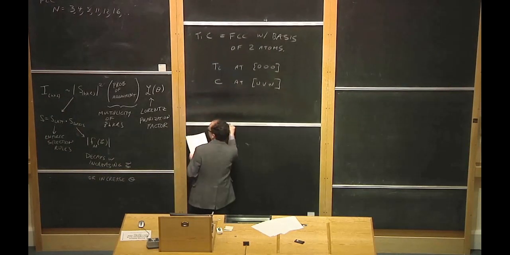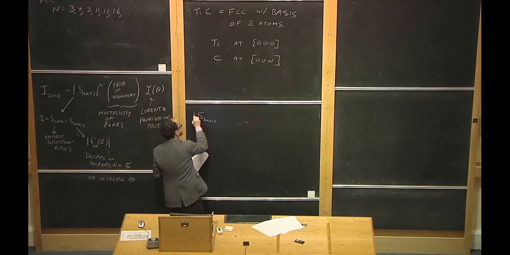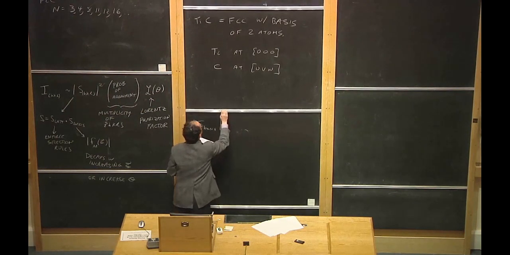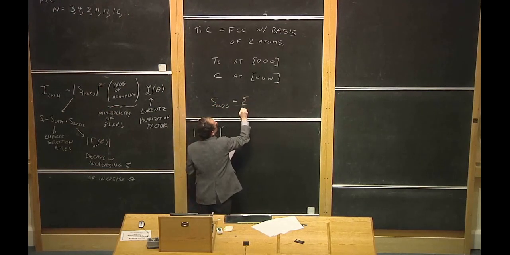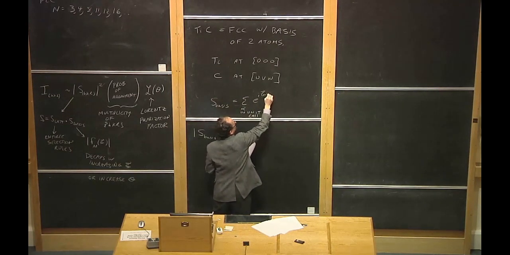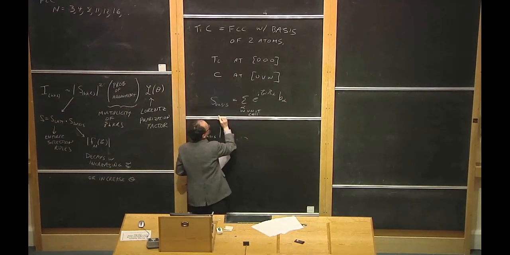So generally, the piece we're going to be interested in is the basis structure factor, which ends up getting squared. And that is, well, maybe I'll write this out here first. S basis equals the sum over alpha in the unit cell, e to the i G dot r alpha times b alpha for the 2 atoms in the unit cell.